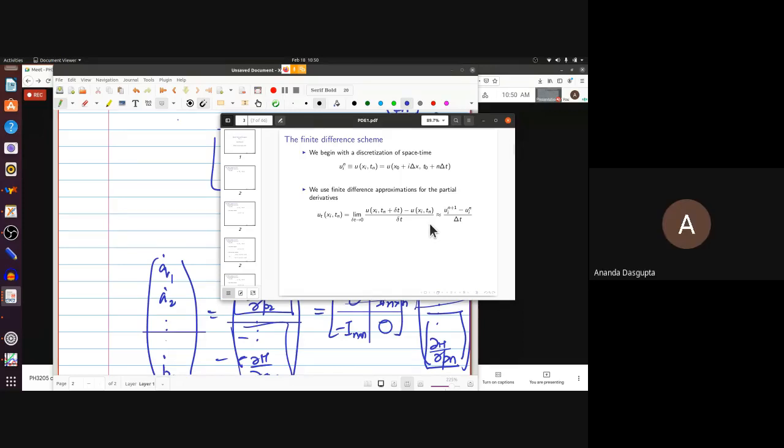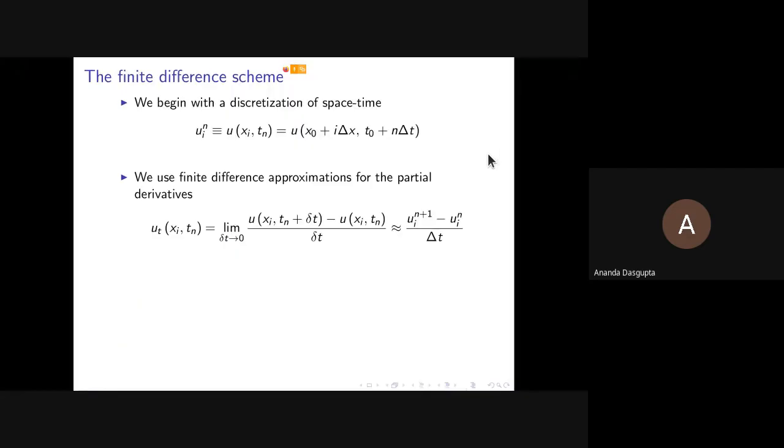Exactly. So basically here what's happening is, since t is changing, the upper index is changing by 1, and of course you have to divide by the change in t. On the other hand, for u_x it is x which is changing, so the lower index i will change to i plus 1 minus u_i.